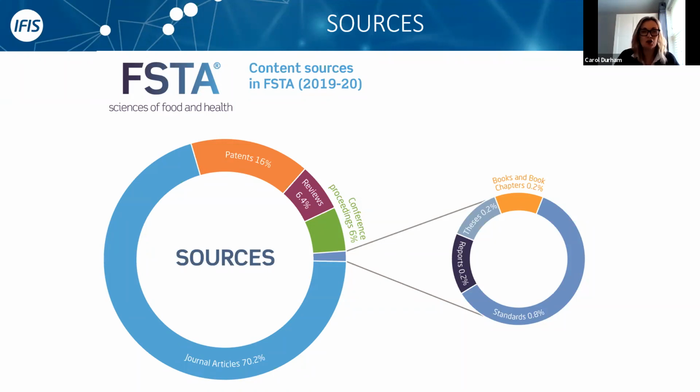But what that means is if you're using a traditional search to try and find patents, you're unlikely to find them because you need a particular set of skills to find patents effectively. The FSTA editorial team have done all the hard work. So if you're interested in finding patents in FSTA, you can search for them using the traditional methods. So you can use traditional keywords and you will find the relevant patents. So that's I think a really strong point around FSTA that's really helpful for people.